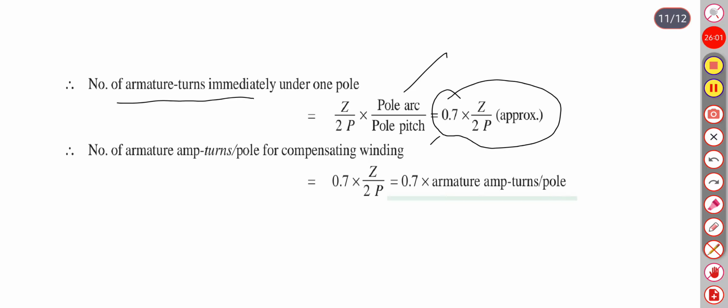Therefore, the number of ampere turns per pole for compensating winding will be 0.7 times the armature ampere turns per pole.